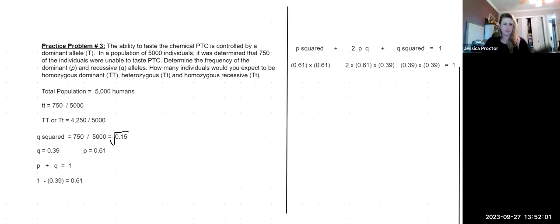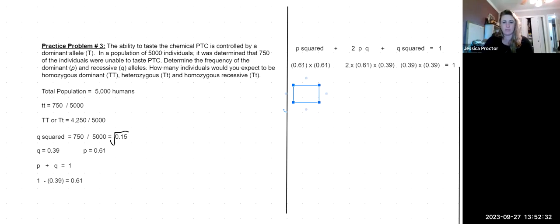A basic calculator will be fine, so I'm just using the one on my cell phone. So you're just taking in your calculator 0.61 multiplied by 0.61. And the number I'm getting is 0.3721. Okay, so then to round it to 2 decimal places, we want to look at that third number past the decimal place. And since that number is below 4, we're going to leave it as 0.37. Okay, is that what you guys are getting?